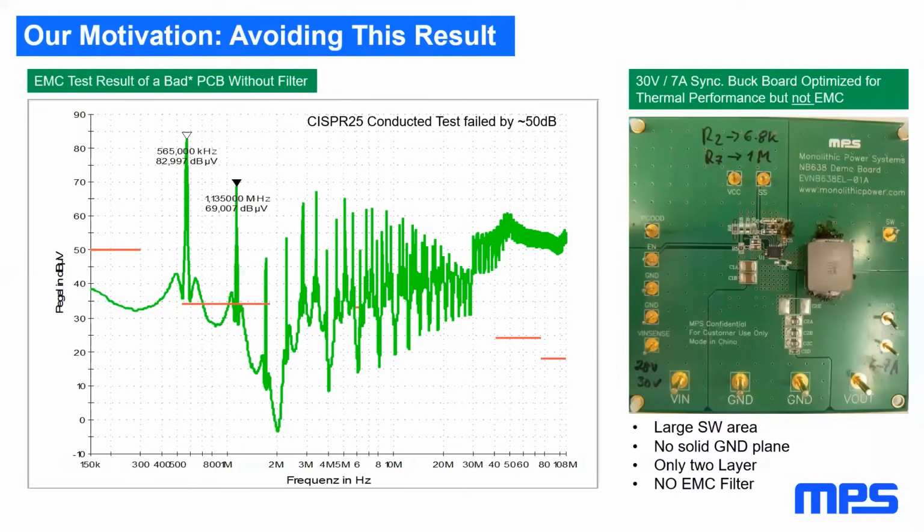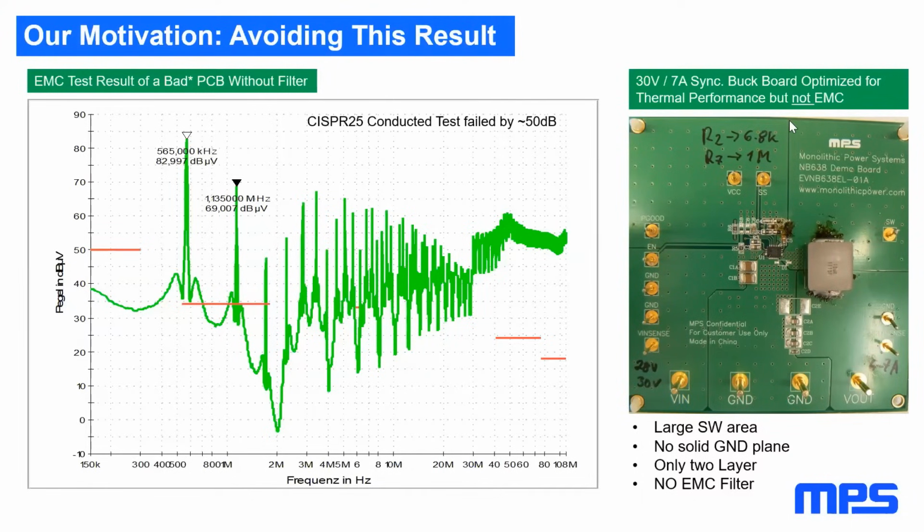Our motivation is to avoid exactly this kind of EMC debacle, 50 dB above the CISPR 25 EMC conducted emission limits. This is an old example from 2010, a 7 to 30 volt synchronous buck converter. The board was not optimized for EMC performance, but for thermal.